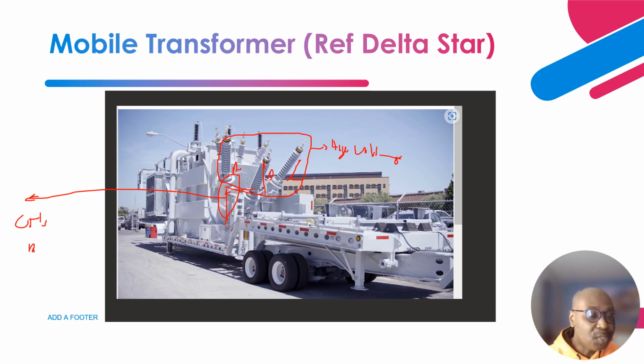You have the conductor and the cable coming in and getting connected to the bottom part of the bushing, and this side is what goes to the high voltage side of the substation. Let's say, if you have a tower structure, it goes there, three phases, phase A, phase B, phase C.